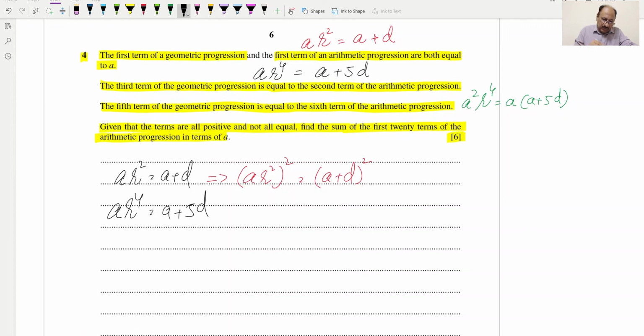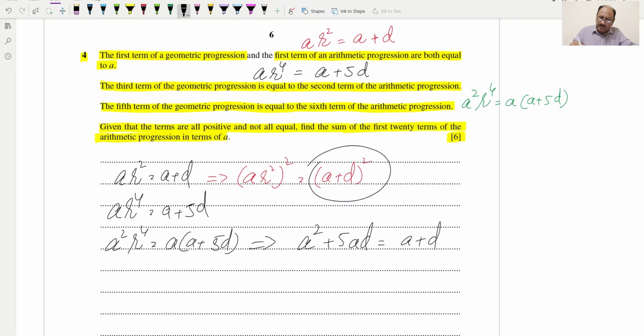Next we discuss this a square r4 is equal to a into a plus 5d also. What we have done, we can multiply this equation by a and we'll get this also, or directly we can write. Now this implies a square plus 5ad is equal to a plus d squared.